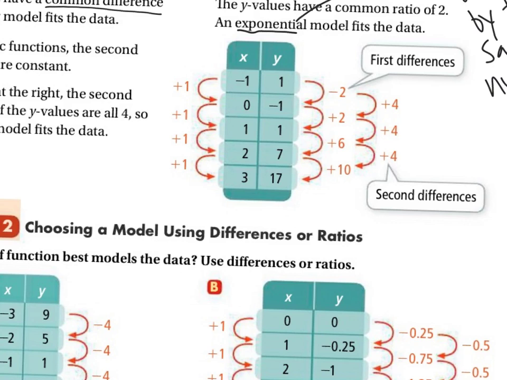And it might look like there's just no pattern going on there at all, but those are called the first differences. Now if you look at the difference between those numbers, so from -2 to 2, that's adding 4. From 2 to 6 is adding 4. From 6 to 10, that's adding 4. Those are called the second differences.